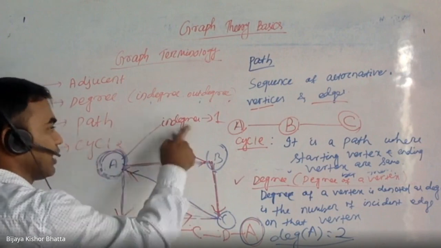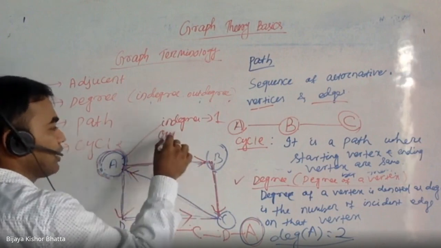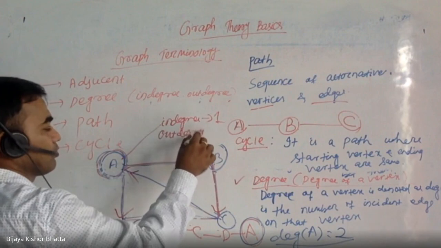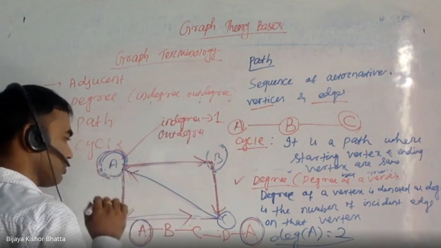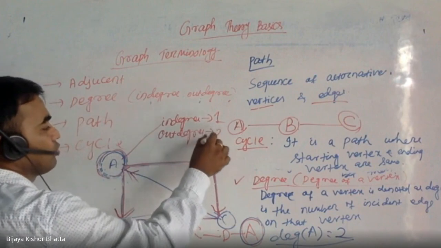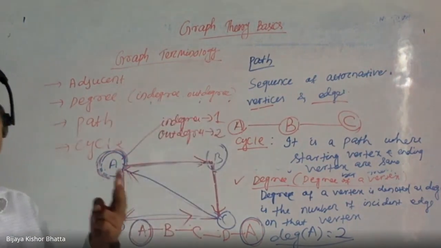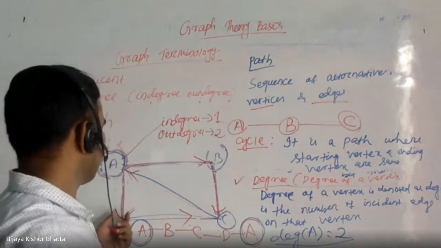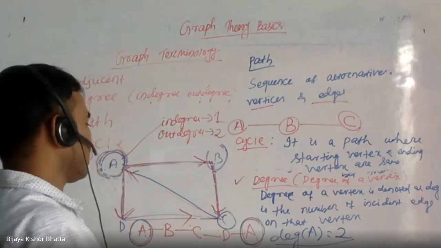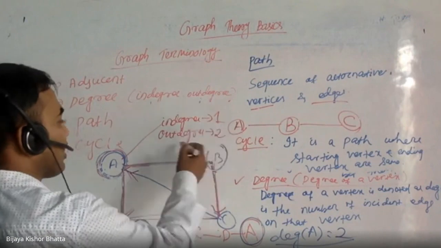How about the out degree? That means how many edges are going out of this vertex? It is 2. Two edges are going out, so the out degree is 2.